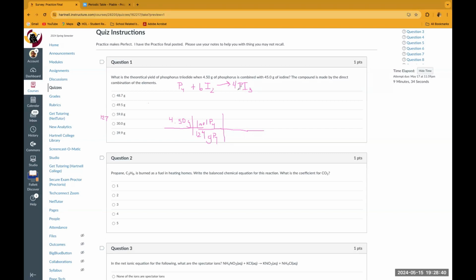Using the mole ratio. So for every 1 mole of P4, we have 4 moles of PI3.